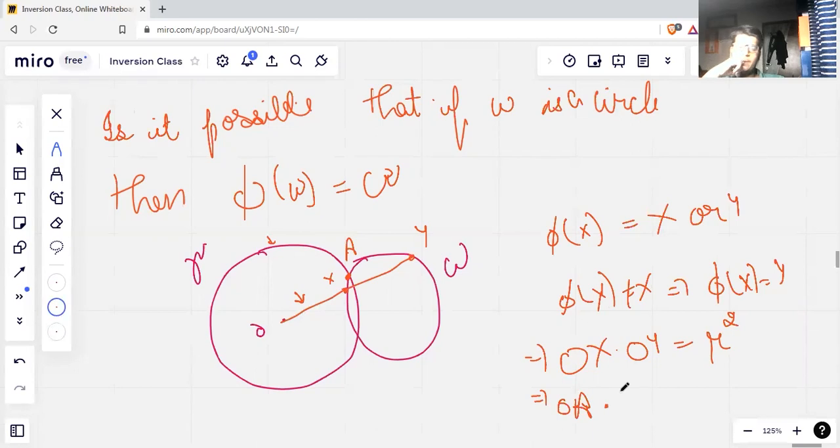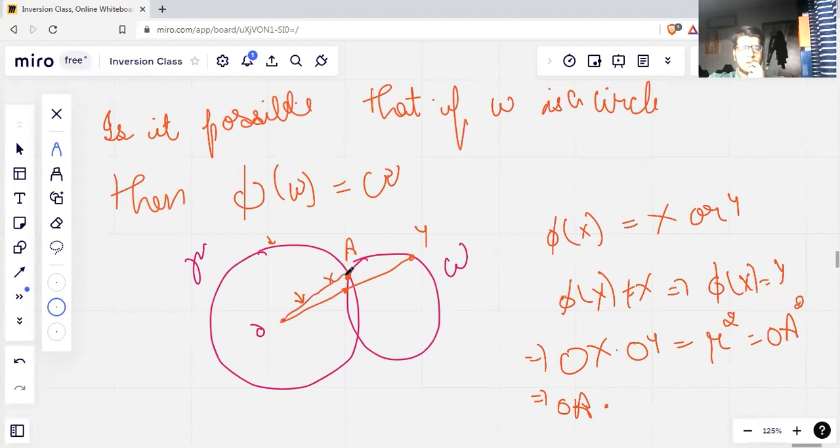One minute, let me think about this. Oh, yeah, I got it. So notice that R square is also equal to OA square. This is what I meant to say.